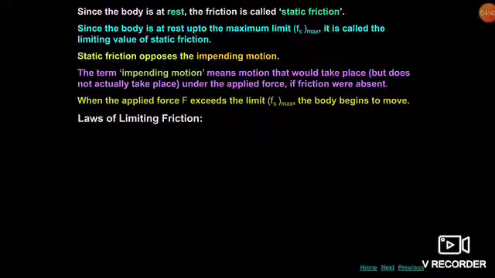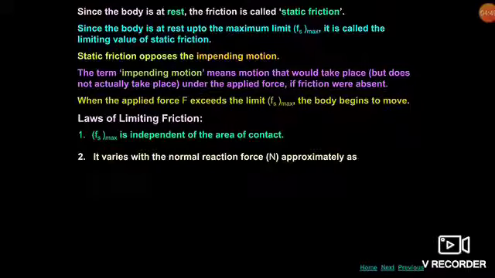Laws of limiting friction now. Fs max is independent of the area of contact. It varies with the normal reaction force, approximately as Fs max is directly proportional to the normal reaction applied on the body. Fs max is equal to mu s into N, where mu s is the coefficient of static friction.